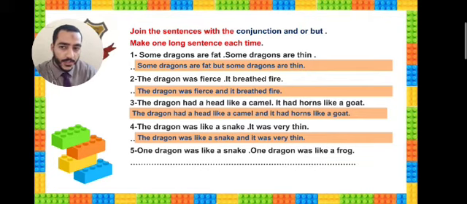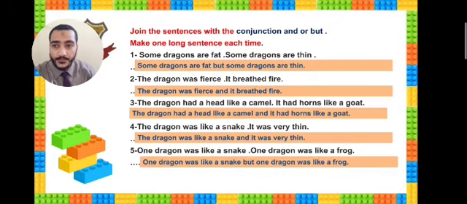So there is a difference, snake and frog, each animal has a specific shape. So, but, very good. One dragon was like a snake, but one dragon was like a frog. We join these two sentences with but. Okay?